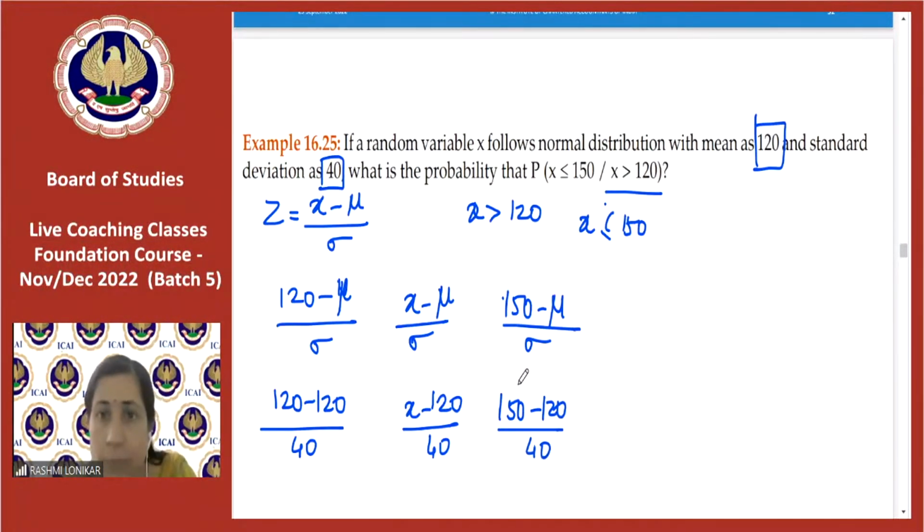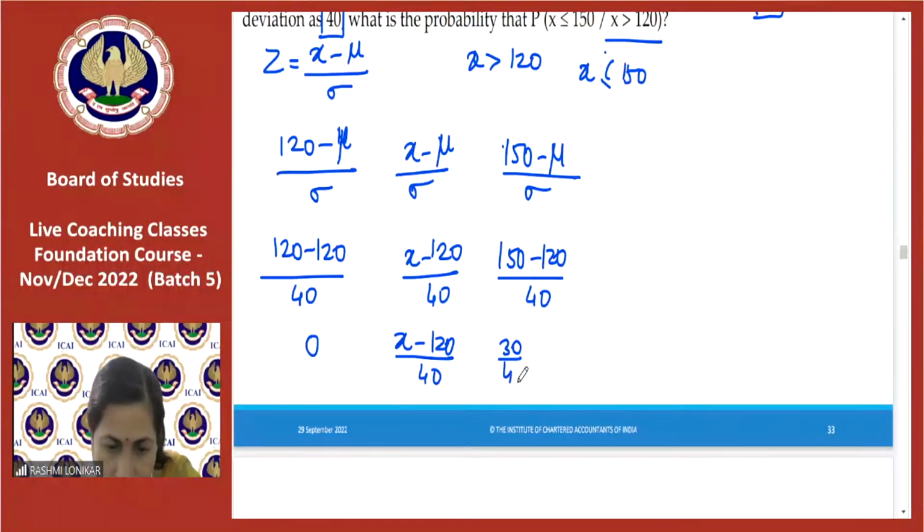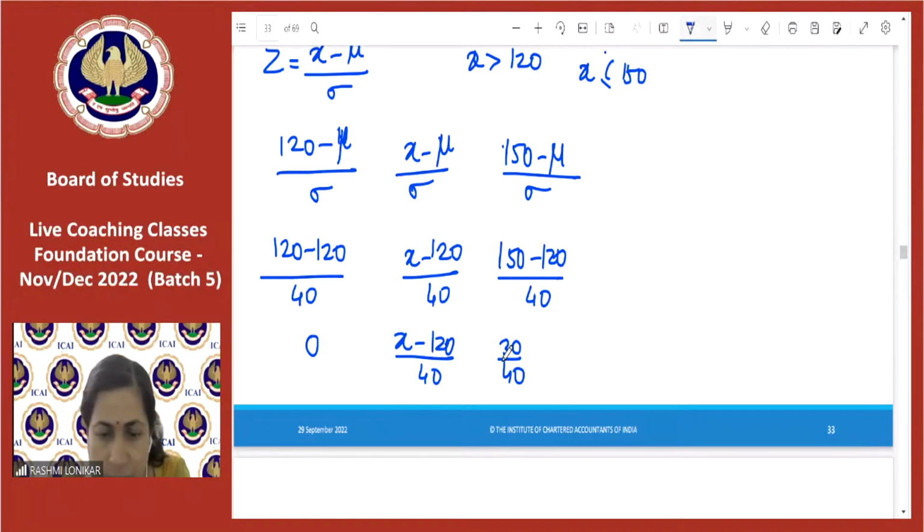This is my lower limit, this is my upper limit. 120 minus 120 is 0. 150 minus 120 is 30, and 30 upon 40 is 0.75.